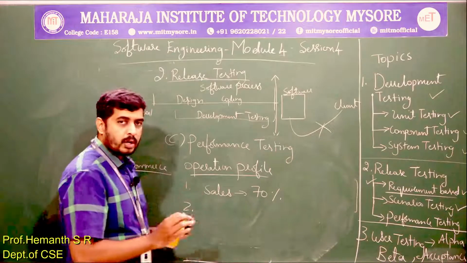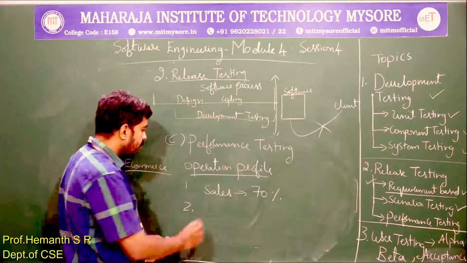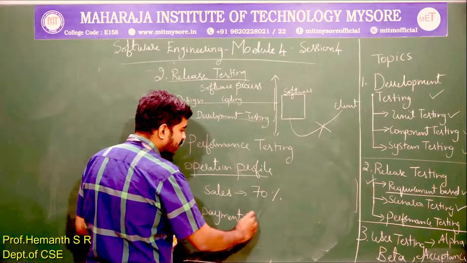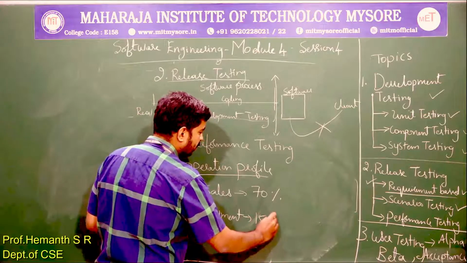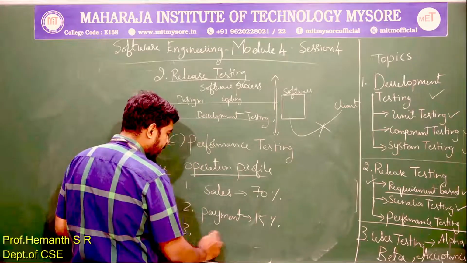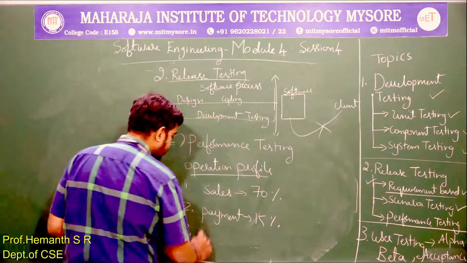Once he has added the product to the cart, then it is payment. We know that. So managing the payment or payment related details, we'll assume it is some 10 or 15%. So the remaining 15% we will assume is internal to the system, like the purchase.